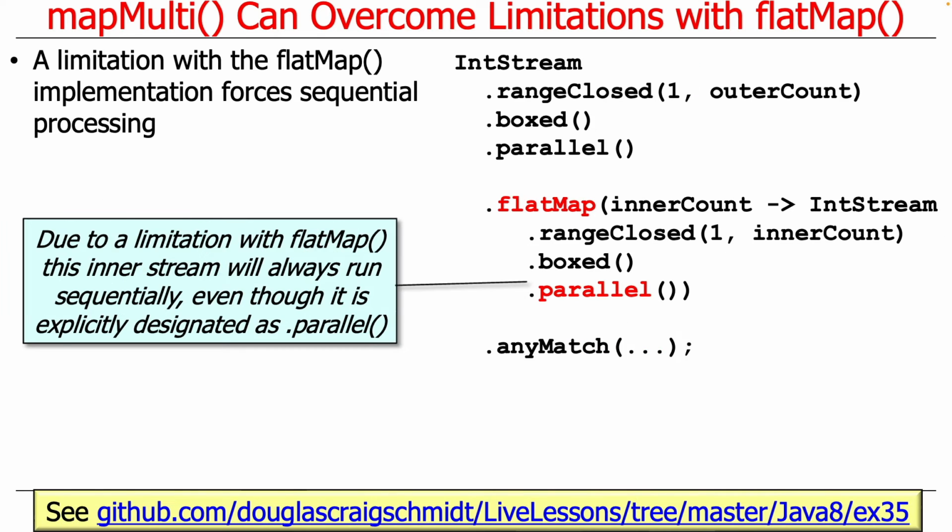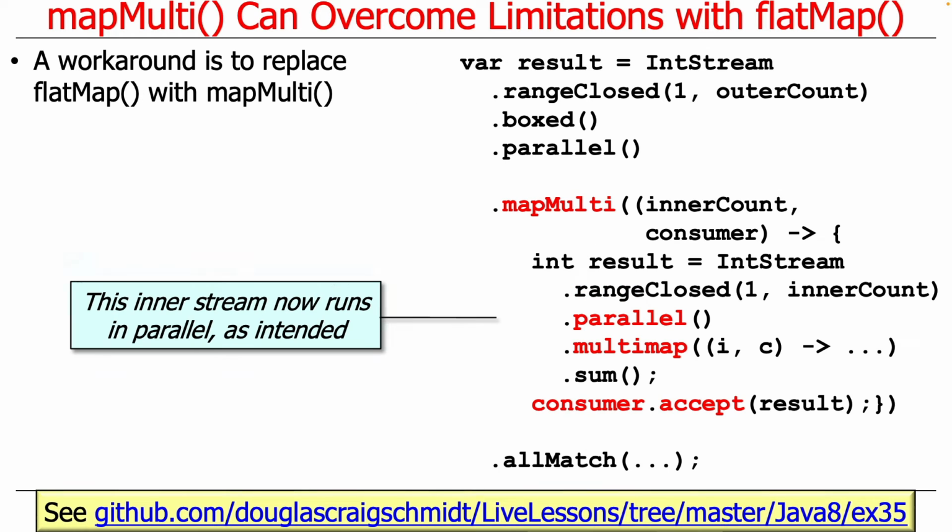As a consequence, if you use flatMap with an inner parallel stream, so you can see here we have an outer parallel stream that generates a bunch of values, and then we have an inner parallel stream that also tries to generate a bunch of values. This will always run sequentially, even though we make it parallel, which seems a little counterintuitive, I agree, and it is counterintuitive.